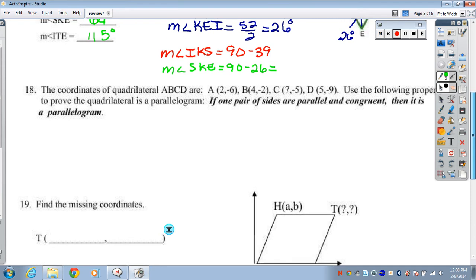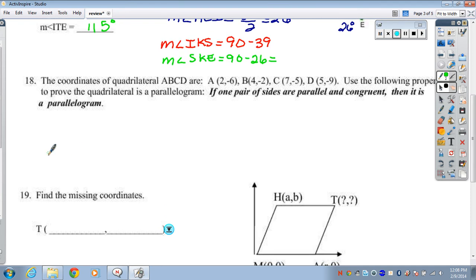All right, next one. You have to prove that this is a parallelogram. Let's plot the points and look at them. First point, 2, negative 6. Next point, 4, negative 2.